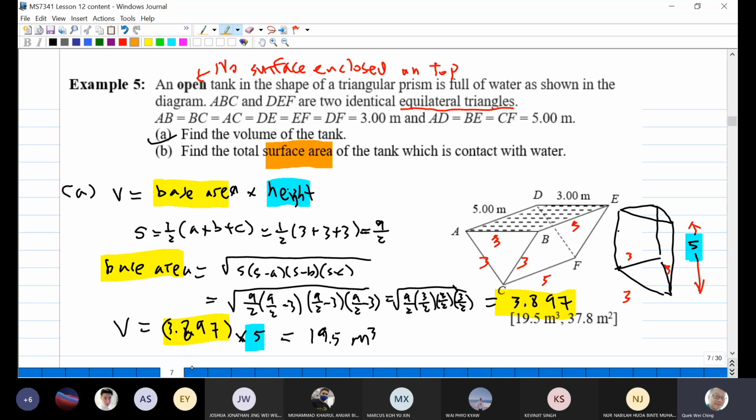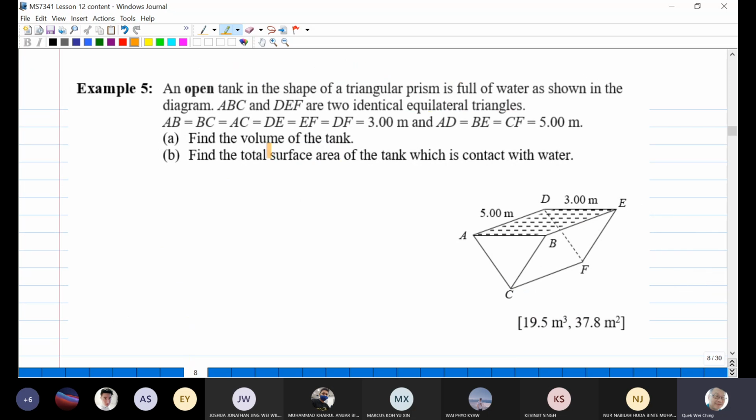So next page, let's move on. Total surface area in contact with the tank. So remember, this is the open top. The top has no surface.